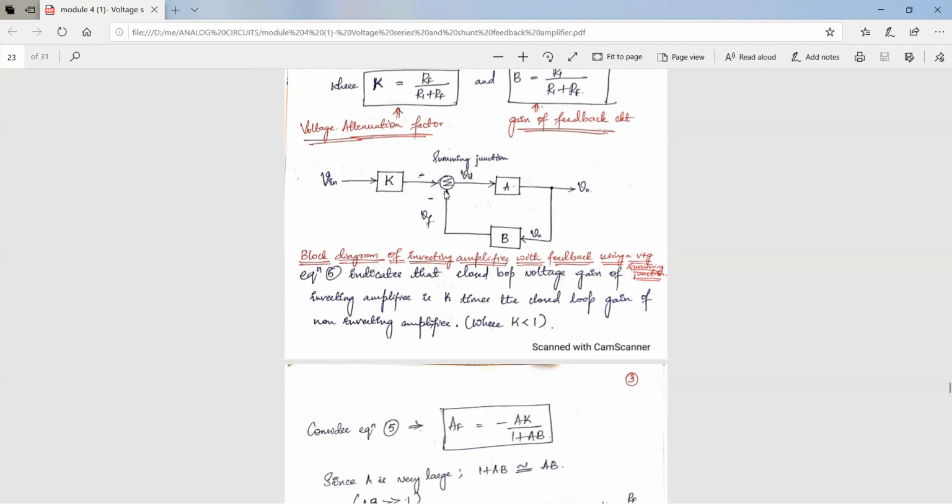And since this is the negative feedback, minus sign here, and this difference V in minus VF is a differential input voltage VID, and it is given to the op amp, and the output voltage after sampling it to the op amp through the feedback network will be V naught.